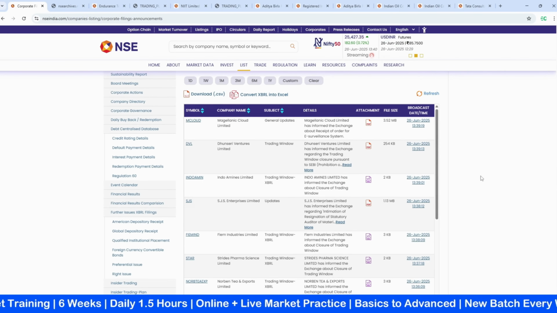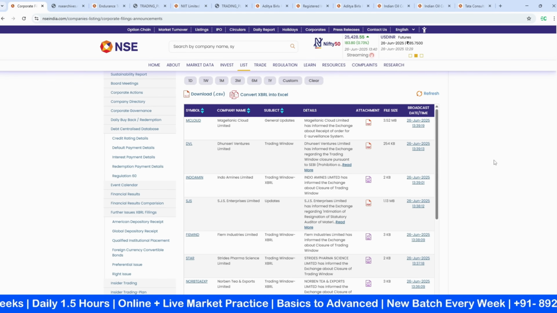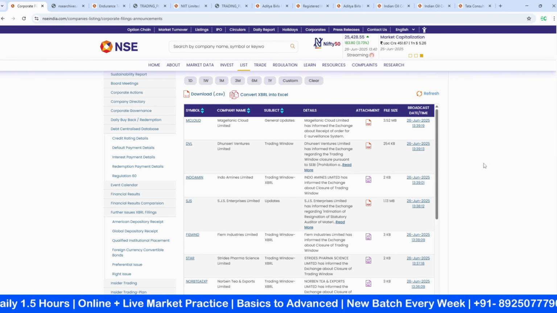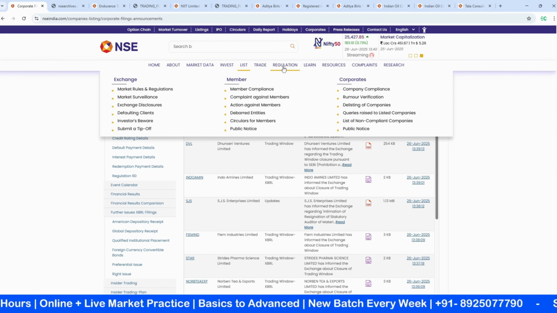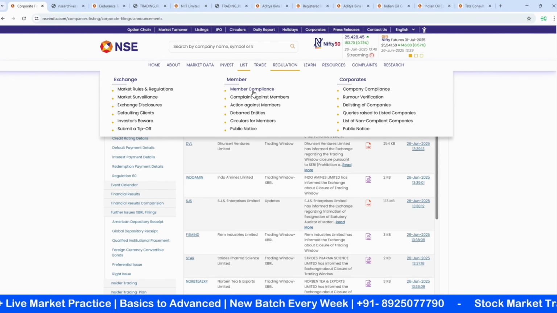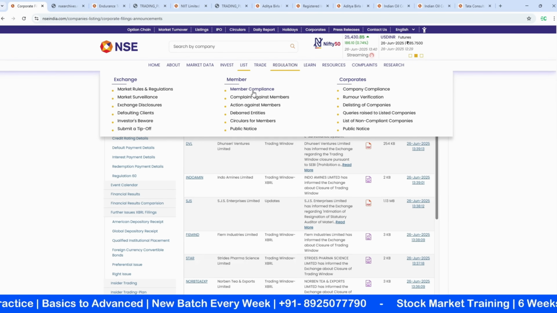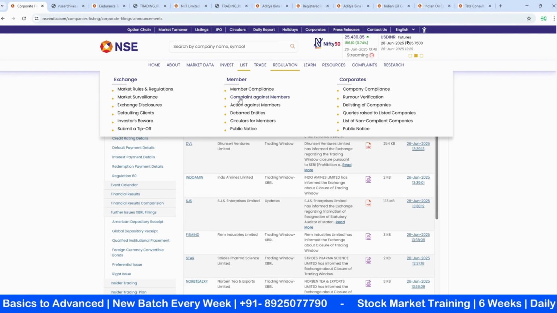Another one. Let's say you are a beginner and you want to know about choosing the right trading member or broker. From the regulations, you have member compliance, because any broker has to comply with the exchange, otherwise their broking license gets cancelled. So there are complaints against members.